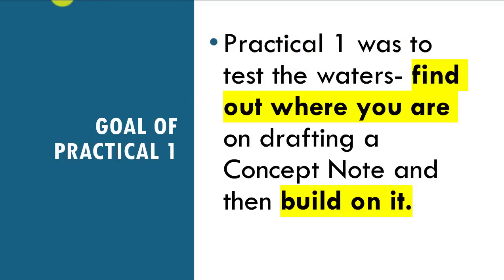What we wanted to do was to find out where you are with regard to writing concept notes for research grant proposals. We have 5,002 participants enrolled in this course, all scholars, one and all. And so we thought, let's look at where you are so that we can build on it. So that's the goal of practical number 1.